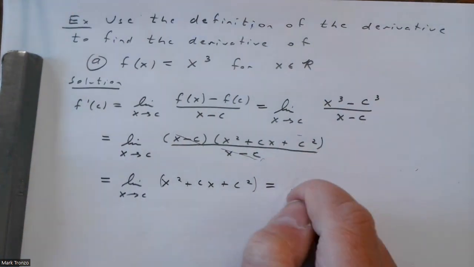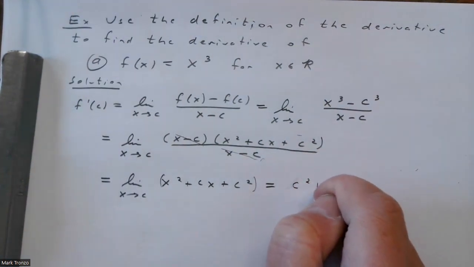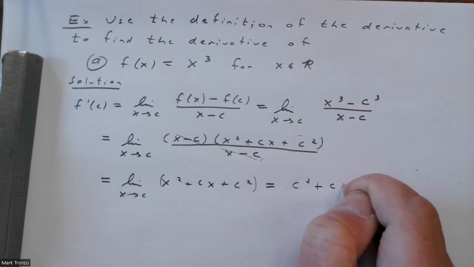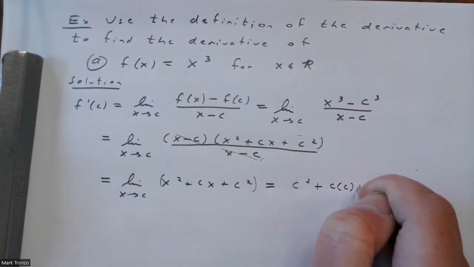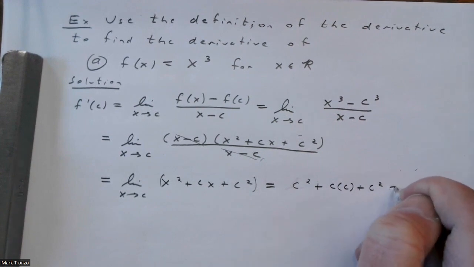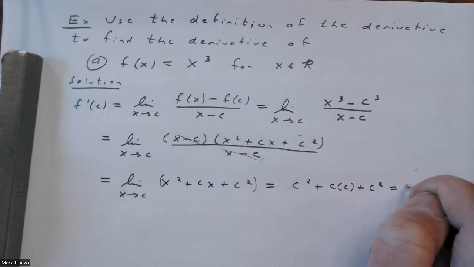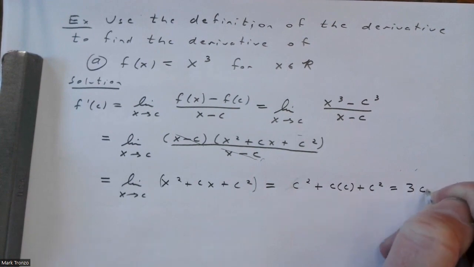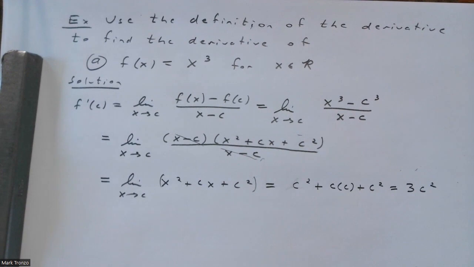That's just going to be c squared plus cc plus c squared, which is going to give us 3c squared back.